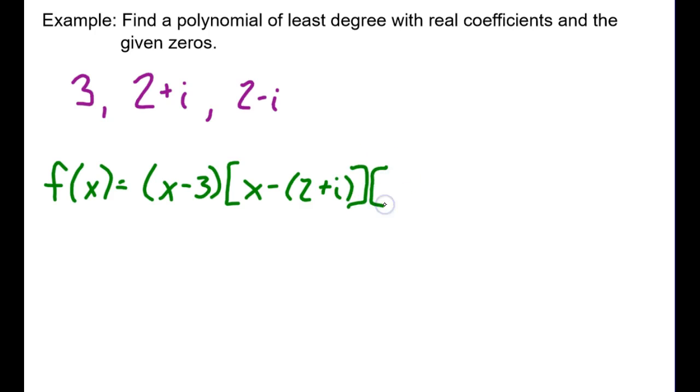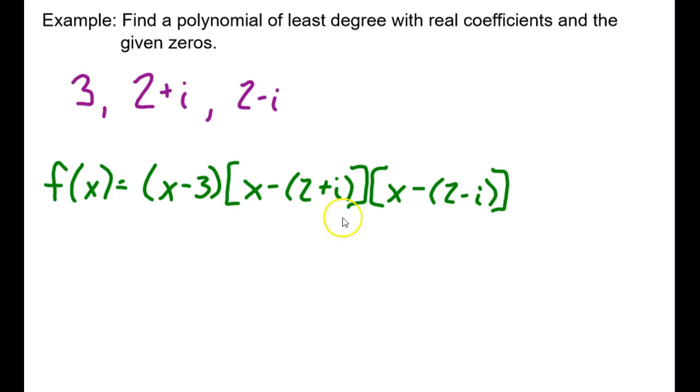And if 2 minus i is a zero, that implies x minus that quantity, 2 minus i, must also be a factor. So this is how we take these zeros to the polynomial and write them in factored form.